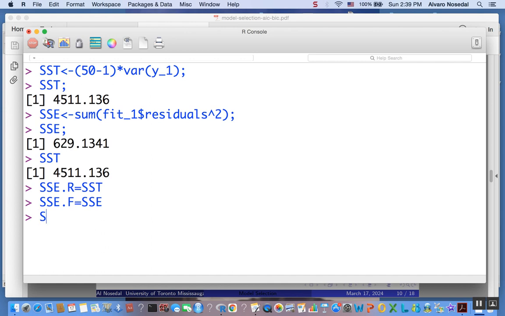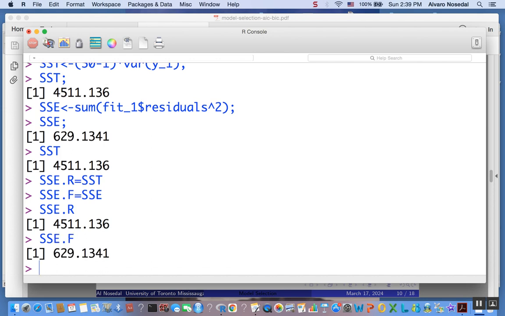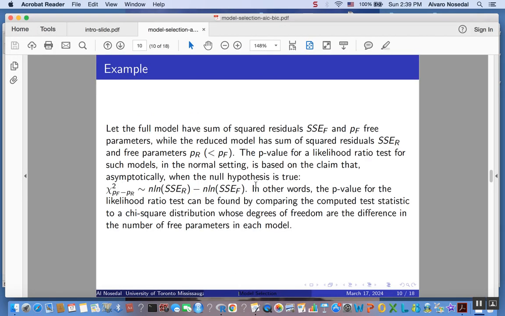Let me just double check that these two quantities are what we should have. Sum of squares error for the full model. Great. So now let's just apply this formula. N times natural log of the sum of squares for the reduced minus n times natural log of the sum of squares for the full model.